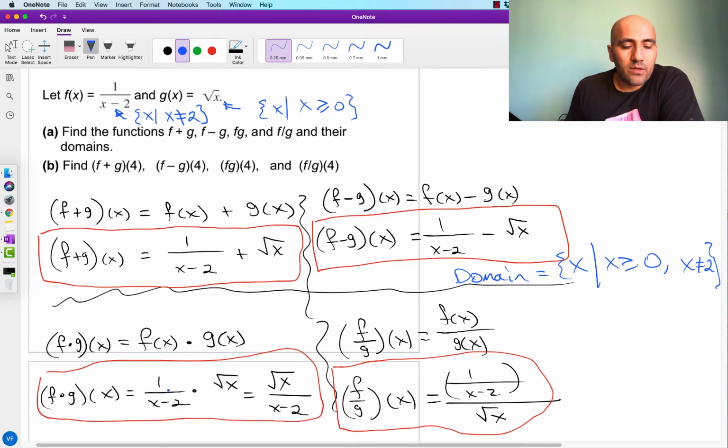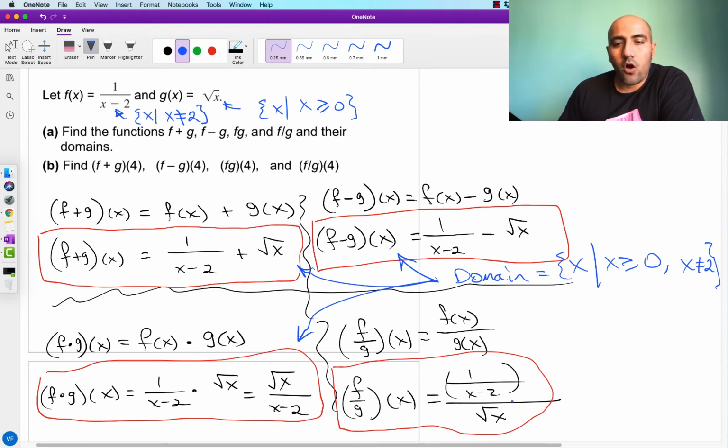What about this one? It's going to be the same domain. You can't have a 2, and that one must be greater than or equal to 0. So that thing is fine. So it's the same domain for this one, it's the same domain for that one, and it's going to be the same domain for that one. What about this one?